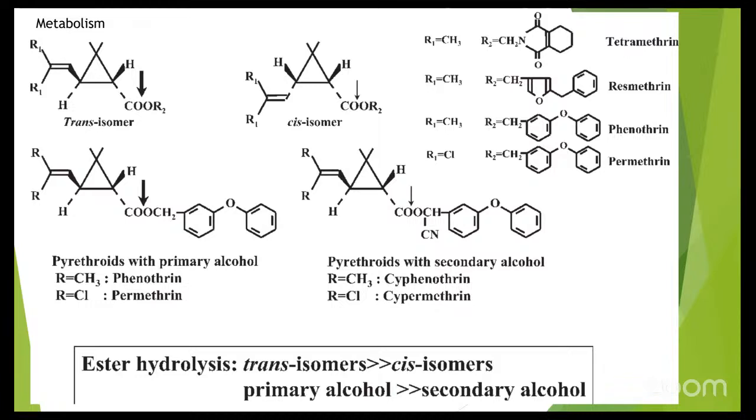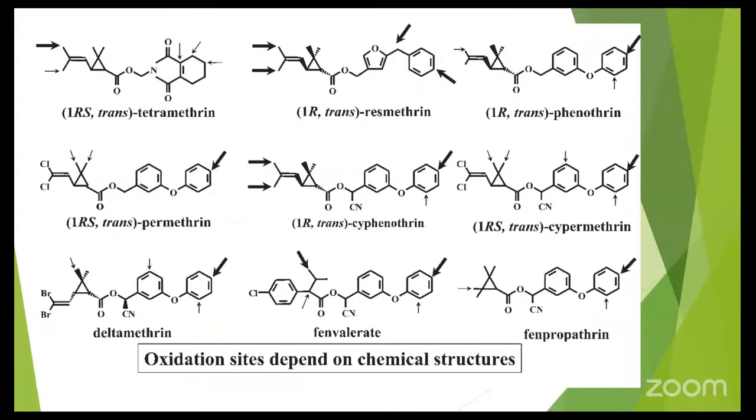The ester cleavage of these pyrethroids appears to take place to a large extent through an oxidative process. So first the ester group will be broken as discussed. Then the acid moieties will be broken, and oxidation steps depending on the chemical structures can also happen.